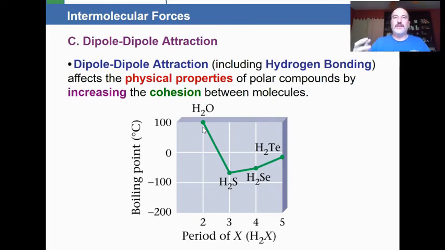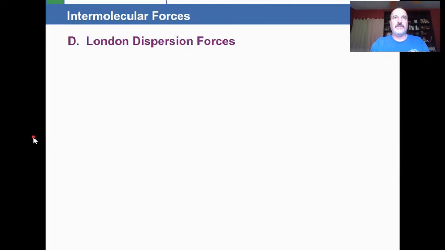That's a huge difference. It allows us to have liquid water, and life on Earth, as hopefully you know, depends upon the existence of liquid water, okay? So very, very important. Now, to finish off, I just want to talk briefly about London dispersion forces.